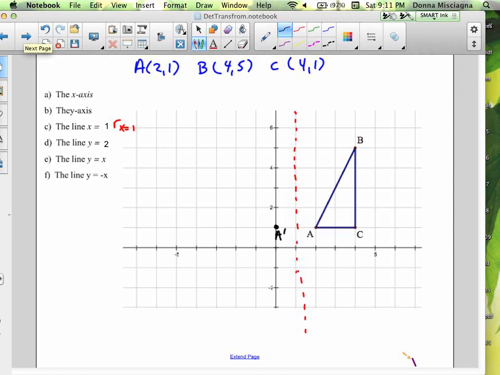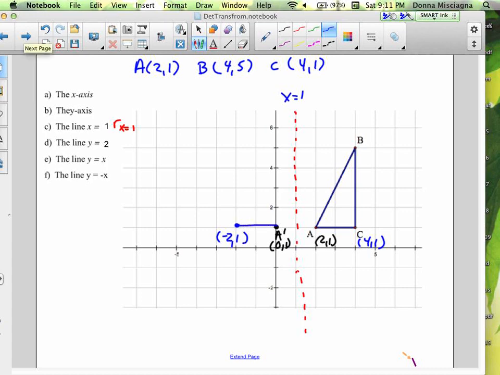So this will be the point 0, 1, and this was 2, 1, and this was 4, 1. Actually, let me color code that. All right, so reflecting over our line here, x equals 1, 4 is 1, 2, 3 away. I got to count 1, 2, 3 away right there, and that is -2, 1. That's going to be C.